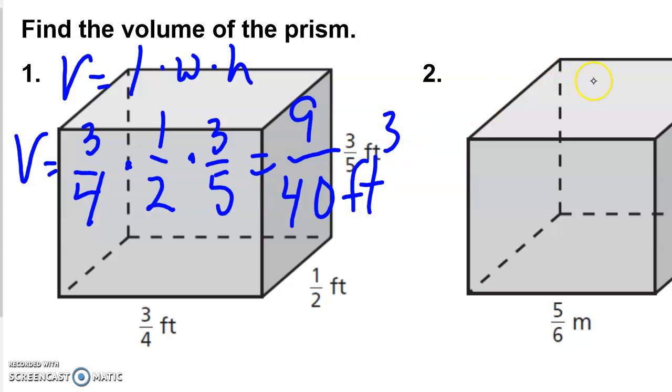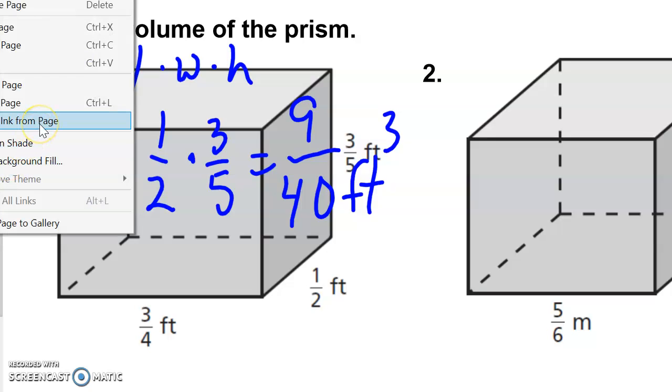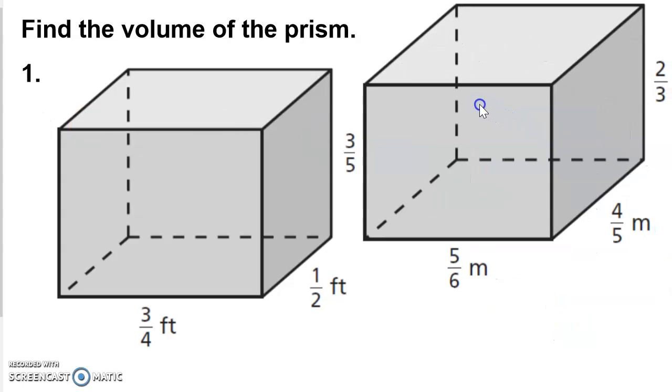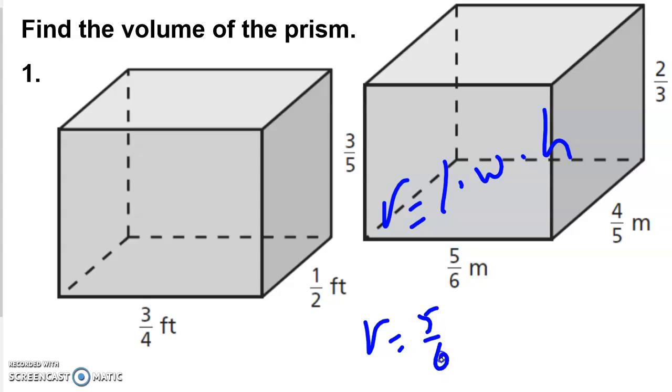Okay, maybe I'm going to clean this up a little bit. Get rid of that. Slide this one over just a little bit. Okay, so volume equals length times width times height. Volume equals 5/6 multiplied by 4/5 multiplied by 2/3. Okay, I'm going to give you a little bit to check it through real quick.